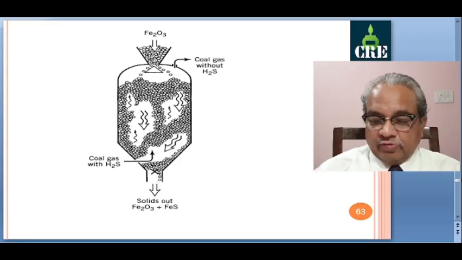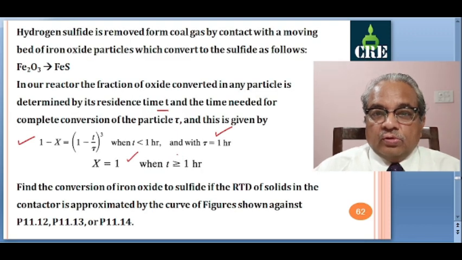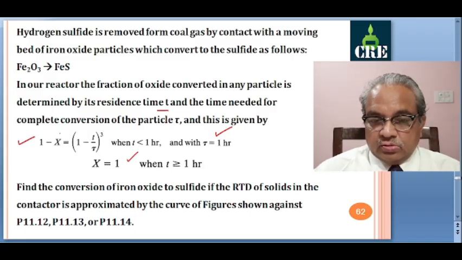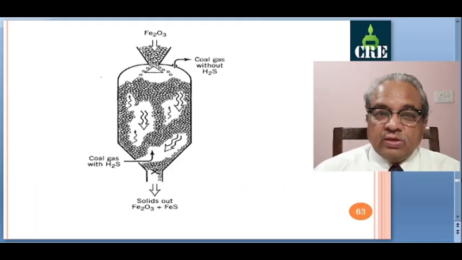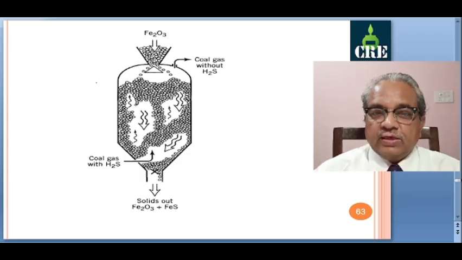So hydrogen sulfide is removed in this particular reaction. These things we'll be studying in much more detail, and that model we are using, the final expression is given. We will study this in detail and derive the expression.